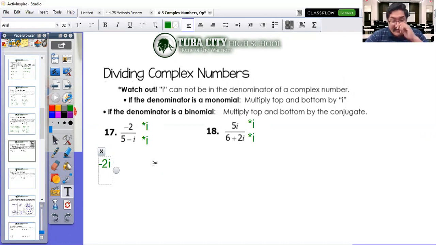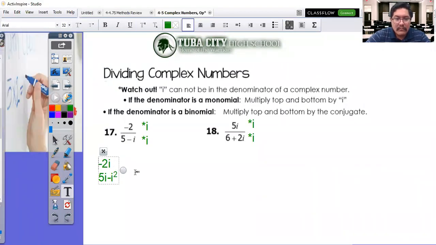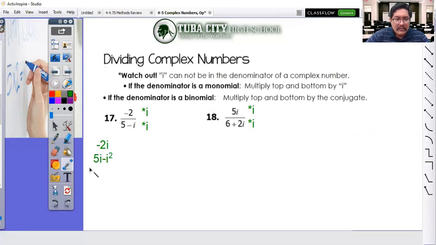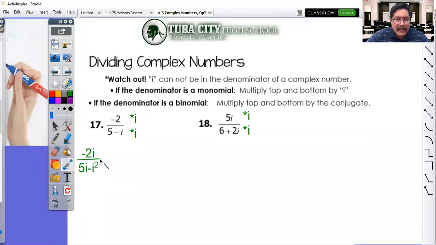The bottom one is a little bit tougher because we have two things going on. If there are two things on the bottom, how do we get rid of it? This is where multiplying by the conjugate comes in handy.